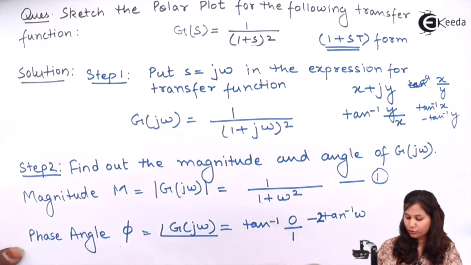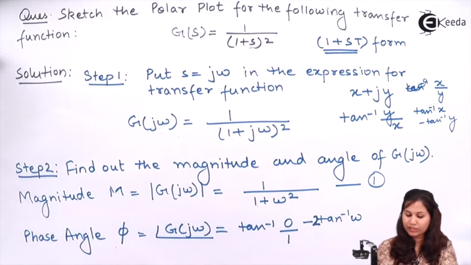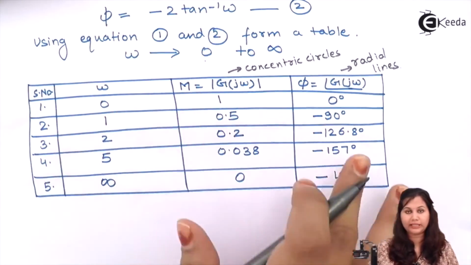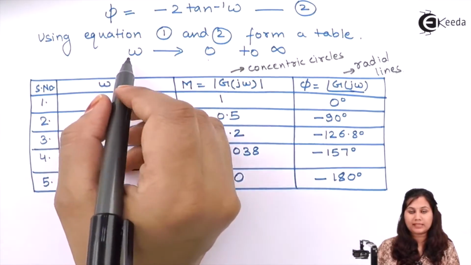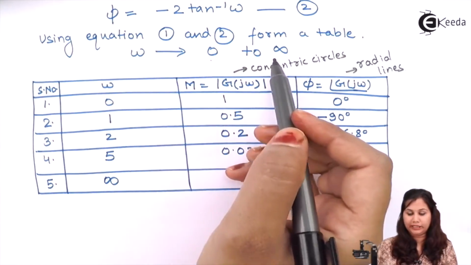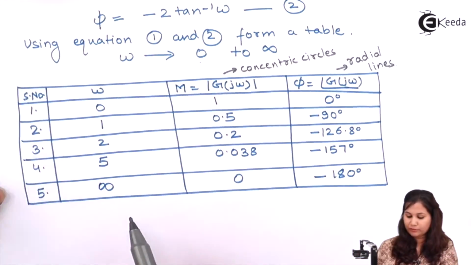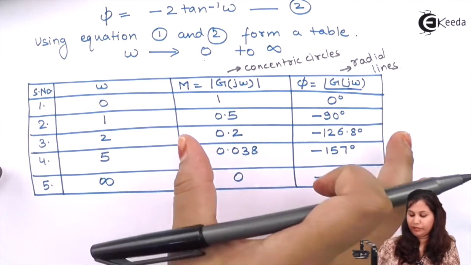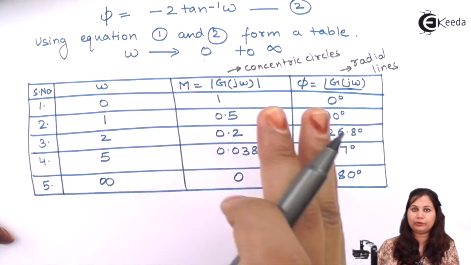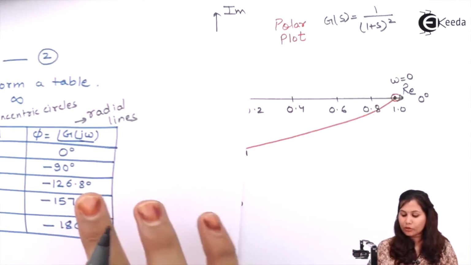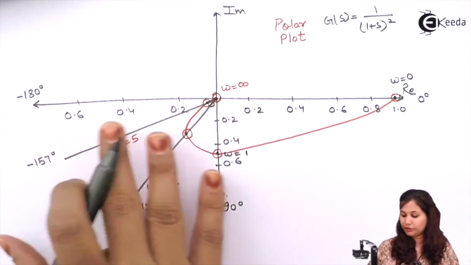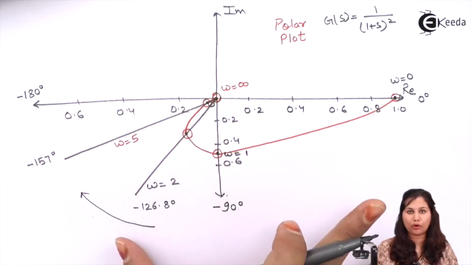You have two equations, and using these two equations, form a table, varying the frequency from 0 to infinity. For various values between 0 and infinity, we get the values of magnitude and phase angle. Then plot these points on the polar coordinates.